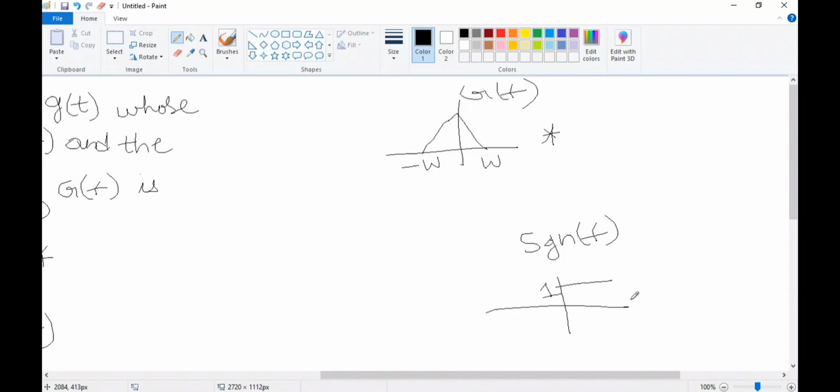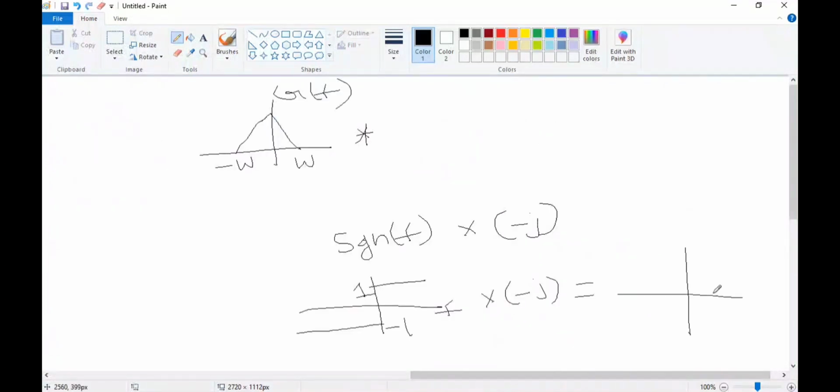So the result will be plus j for f less than 0 and minus j for f greater than 0. This is nothing but your complete function h of f: minus j for positive frequencies and plus j for negative frequencies. This is my h of f.